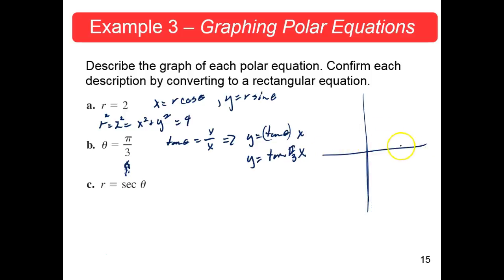Remember on your unit circle? Ooh, that's an ugly one. Pi thirds is somewhere up here. Remember what the coordinates were? The x coordinate is, this is the unit circle, 1, 1, negative 1, negative 1.